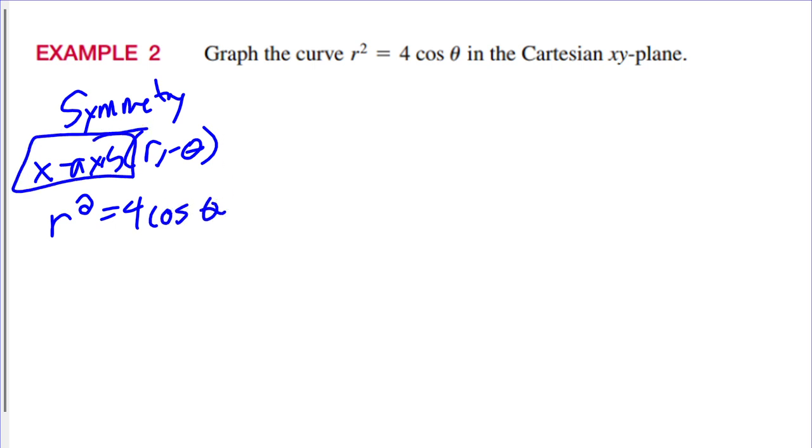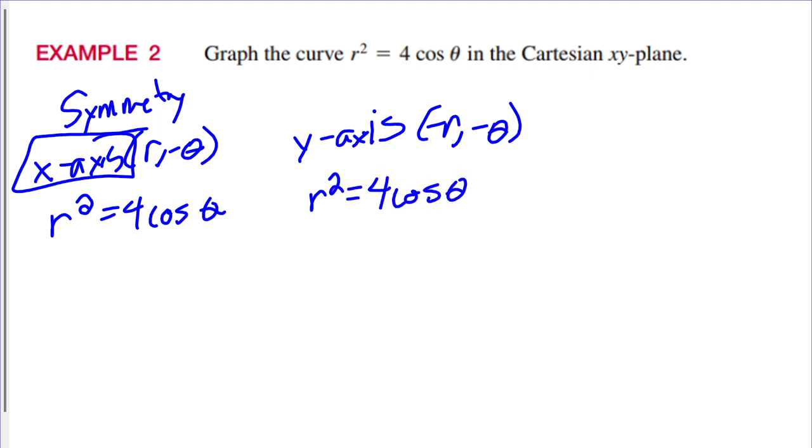So we have x-axis symmetry. For y-axis, we're going to make both negative, so we're going to plug in negative r, negative theta. Here we're going to square the r, so negative r squared is going to give us back r squared is equal to 4 cosine theta. So here we're going to get symmetry also in the y-axis.